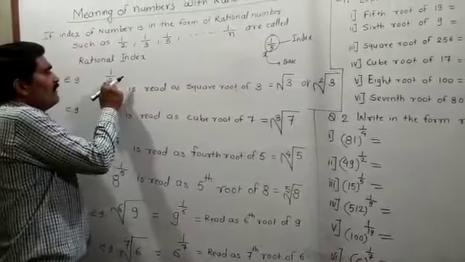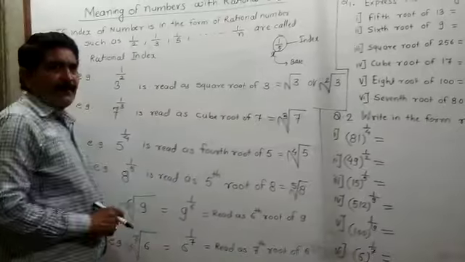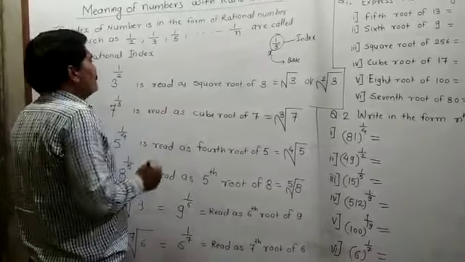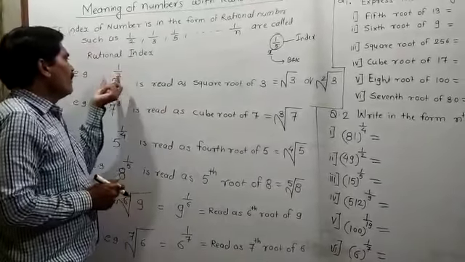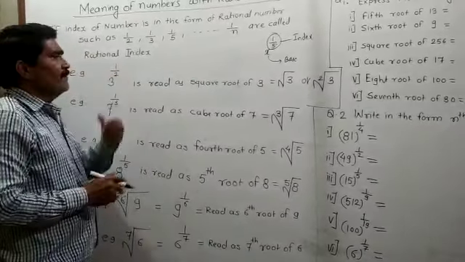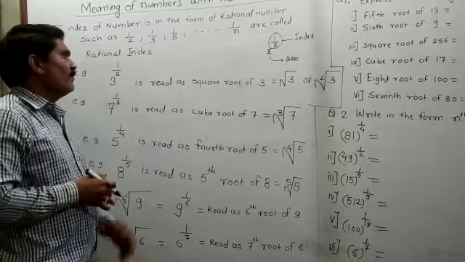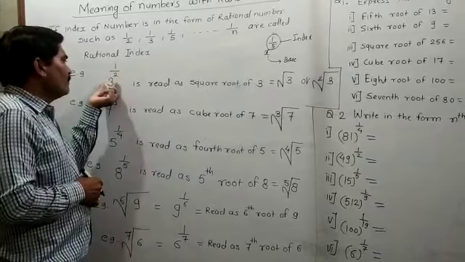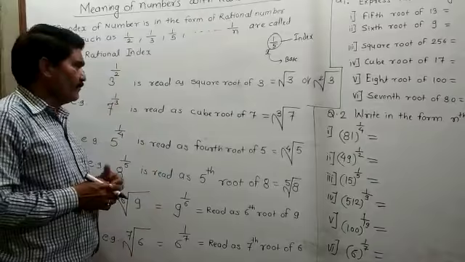So this is the square root of 3. You will not read this as second power of 3, you will read it as square root of 3.